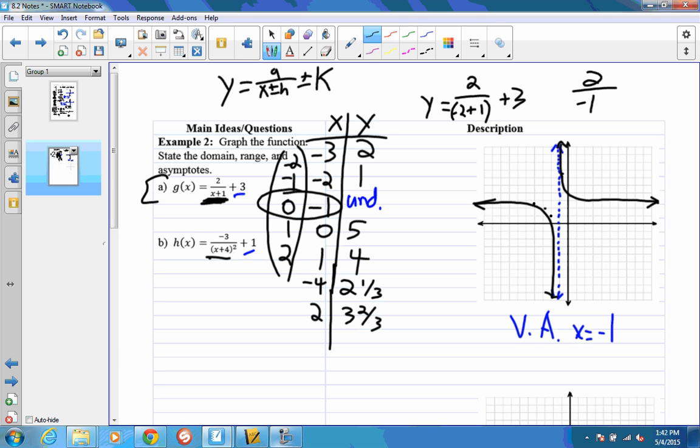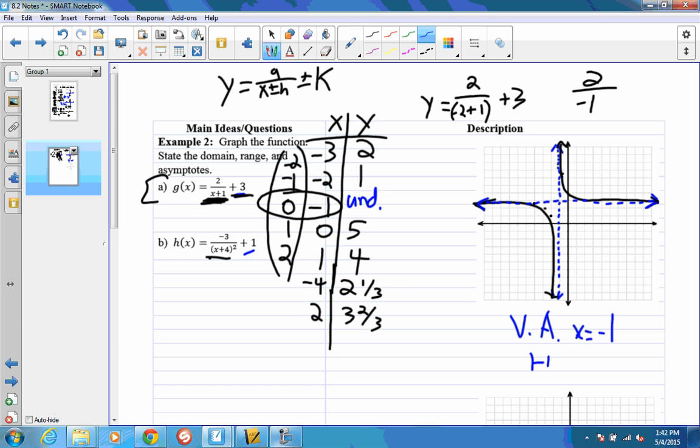Good. I've underlined it in blue, right? So that stays the same, guys. You changed the sign on H, and so it was +1, but H becomes -1. So that moves my vertical asymptote to the left one. But then my K value is +3, meaning my horizontal asymptote has moved from 0 to +3.